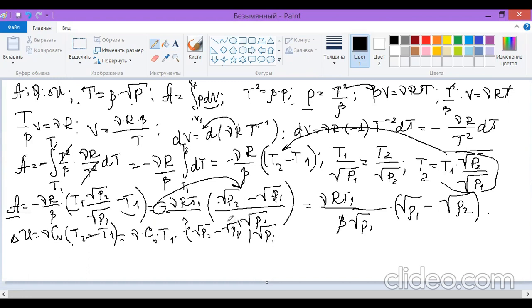Okay. And as for the amount of heat, let's remember that we deal with thermodynamics, and for that reason, the first law of thermodynamics is of course applicable because it's universal. And we will get finally this expression.